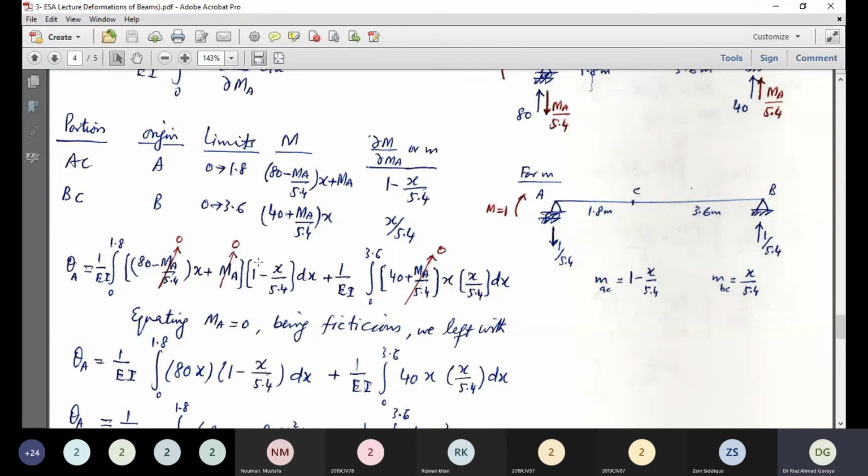This is for portion AC. Then for portion BC, 1 over EI integral 0 to 3.6, 40 plus MA over 5.4 into x into x over 5.4 into dx. Now at this stage, we have to equate MA equal to 0, being fictitious. चूंकि ये fictitious था, लिहाजा हम इसको 0 के बराबर इक्वेट कर देंगे. And rest of the expression will be solved.